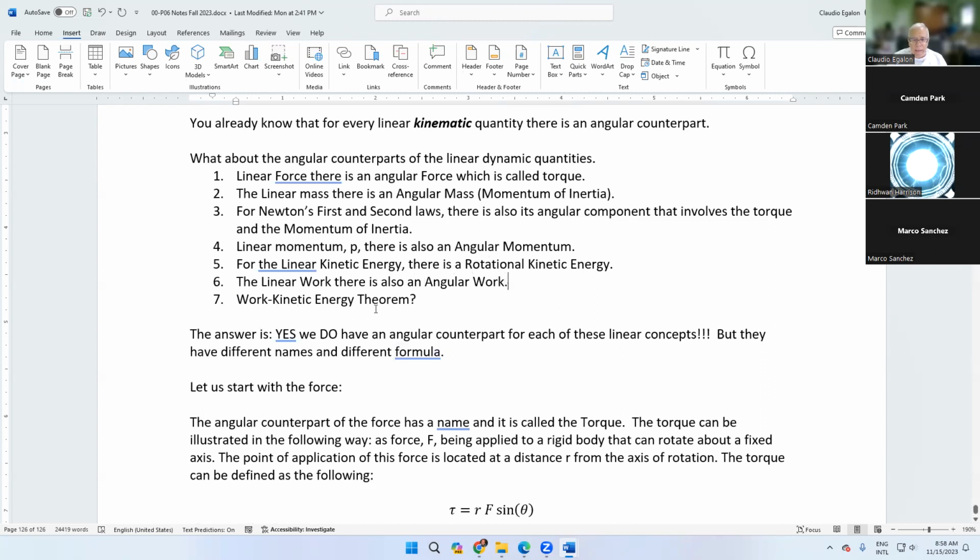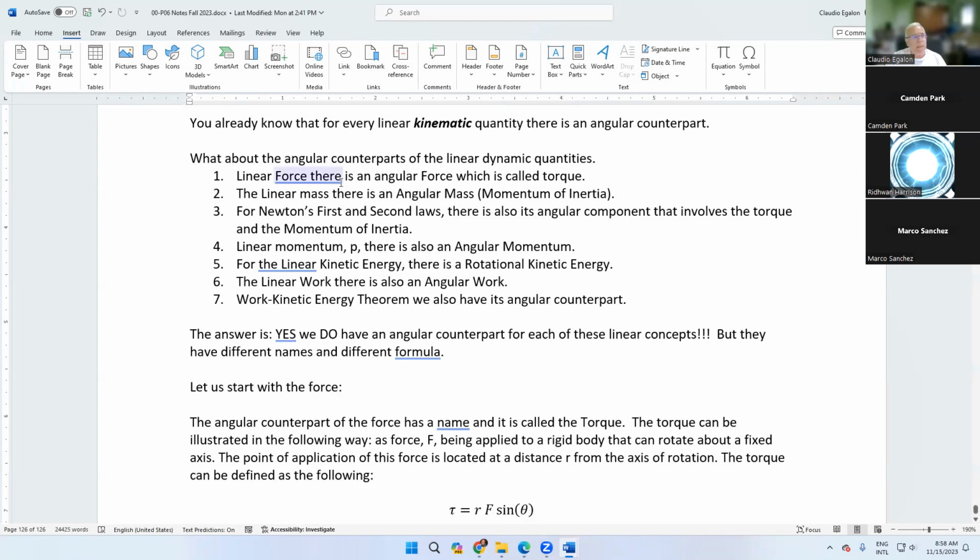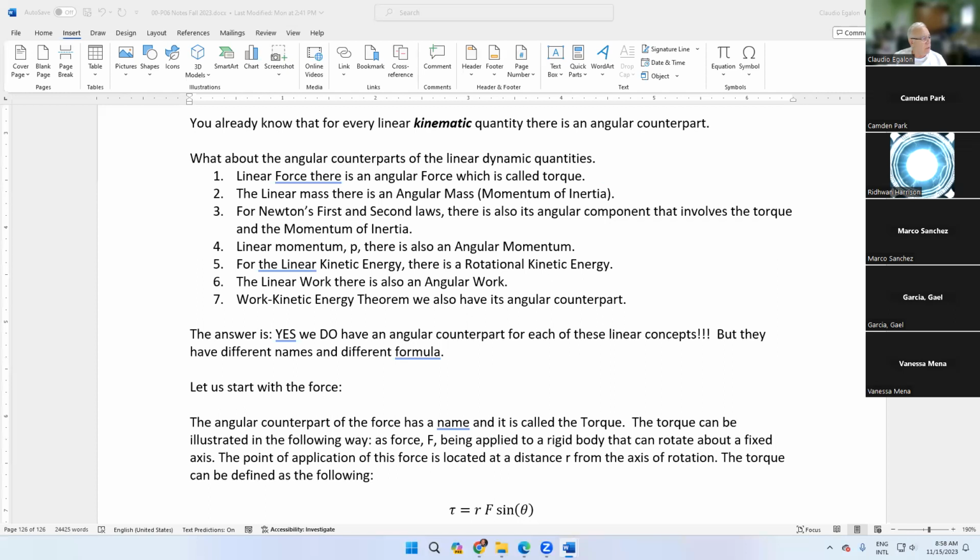For the work-kinetic energy theorem, we also have its angular counterpart. So it's just a matter of repeating what we did before, but using different ideas, different concepts.